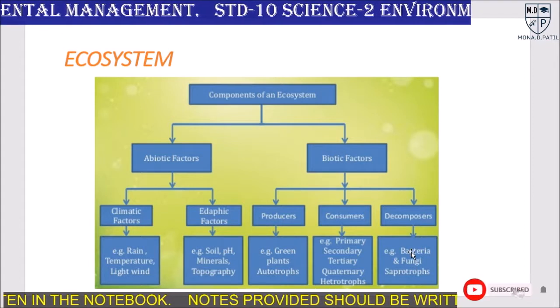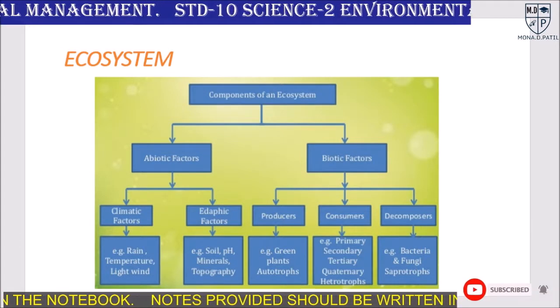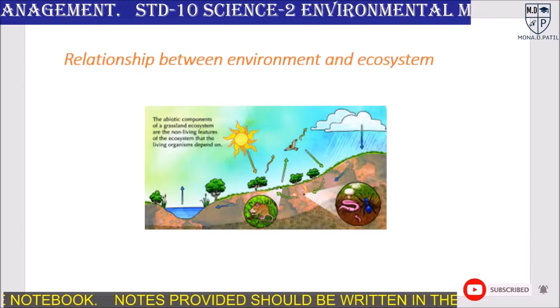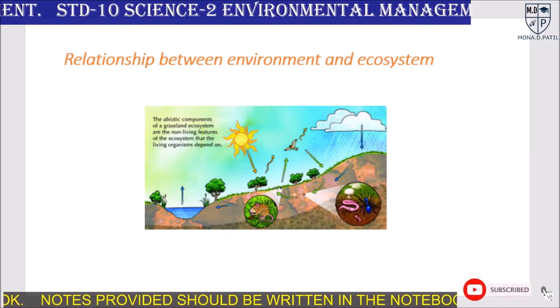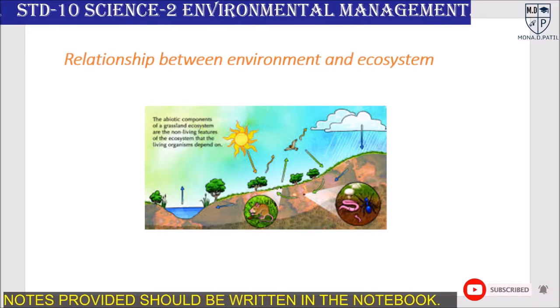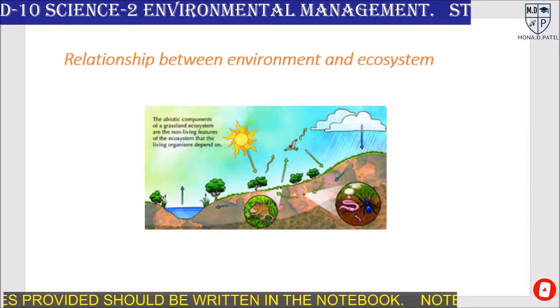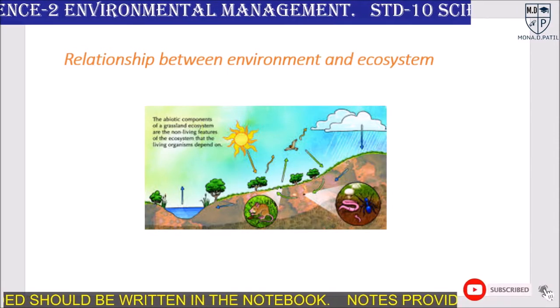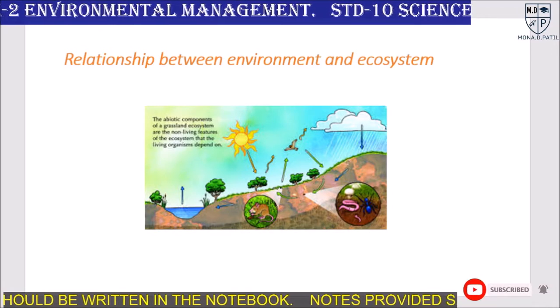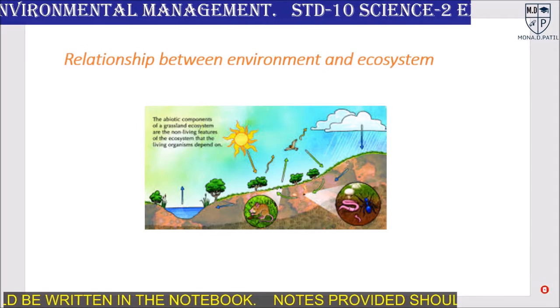Next, the relationship between environment and ecosystem. Environment is a broad concept: physical, chemical, and biological factors affecting living organisms in any possible way are collectively called environment.